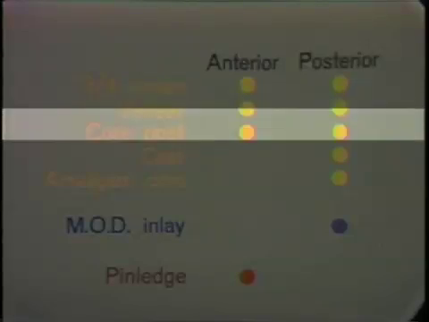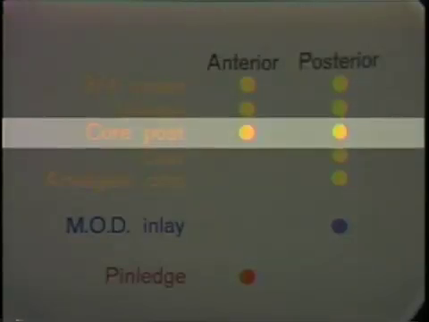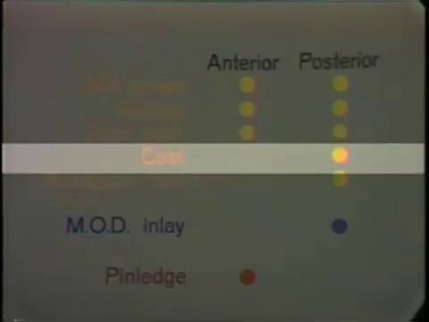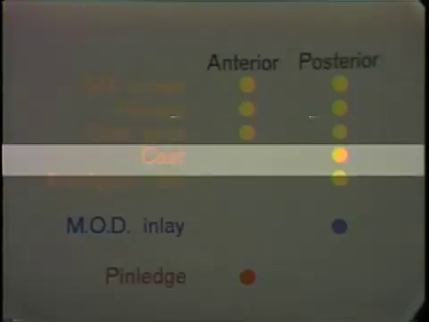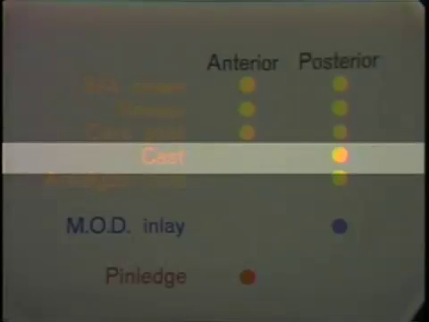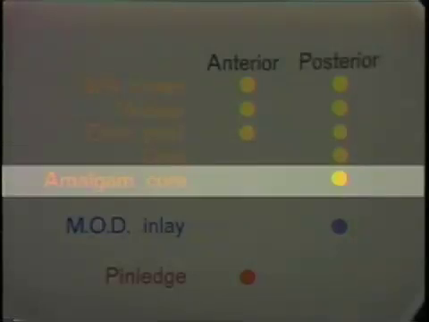The core post crown, used on a non-vital tooth as a means of placing a complete crown. The cast crown, used on extensively destroyed teeth where aesthetics are not critical. The amalgam core crown, a means of restoring a broken down vital tooth and placing on it a complete crown.